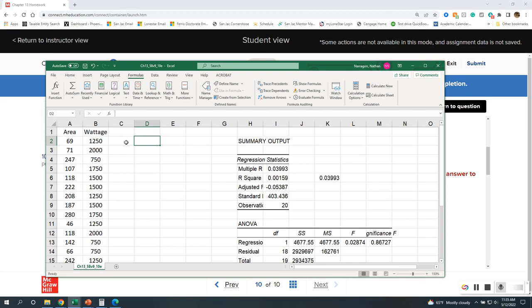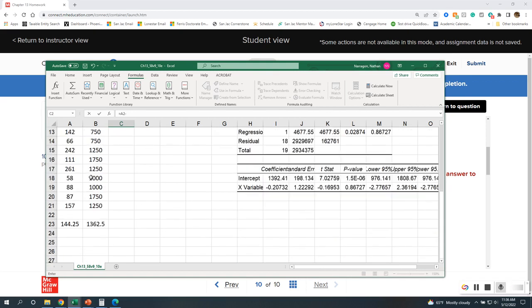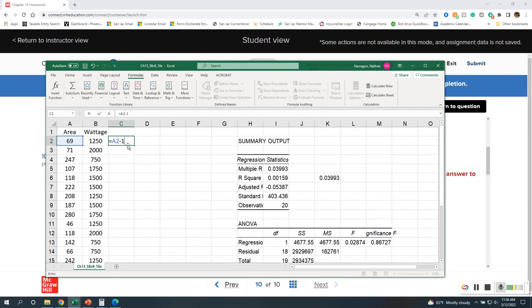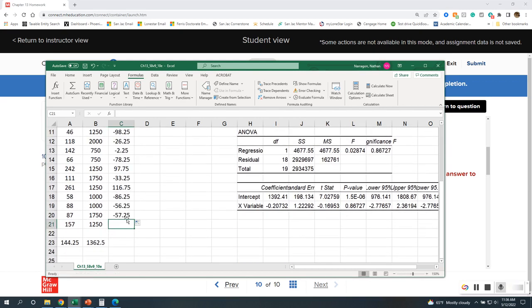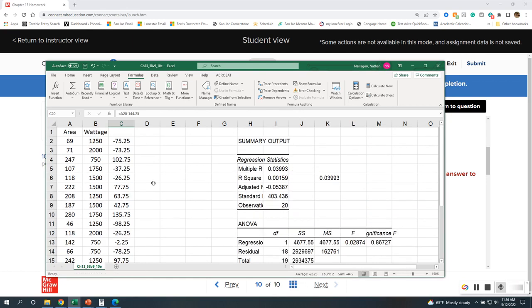So we're going to have the x minus x bar, so x minus its x bar, which is 144.25. Do all that. And then we do it for the y.